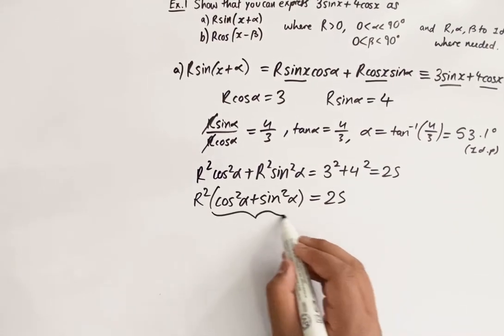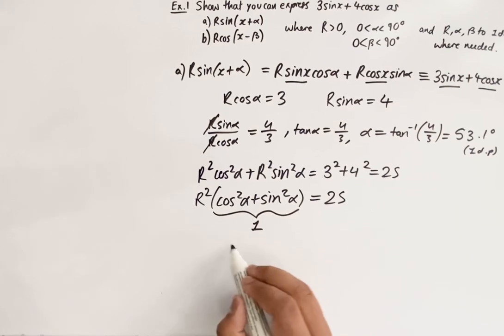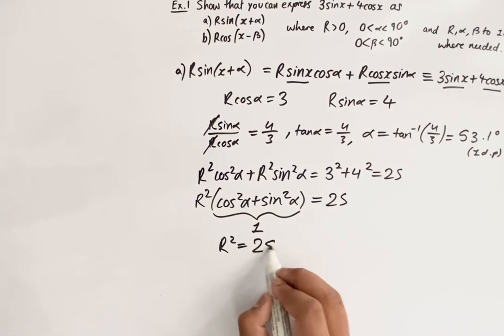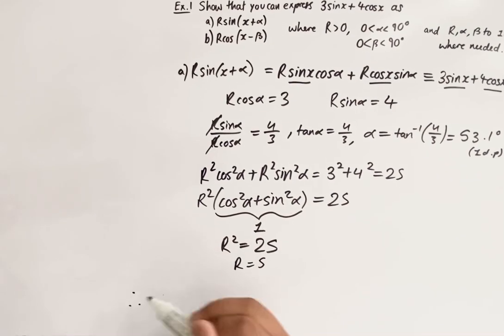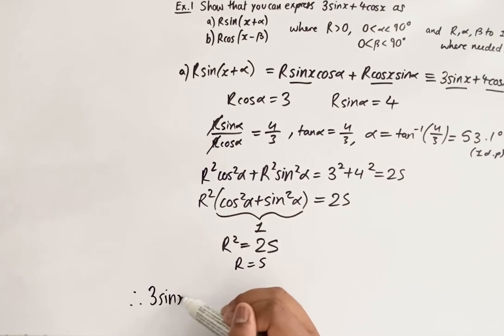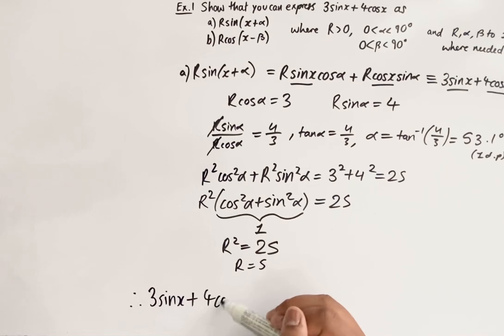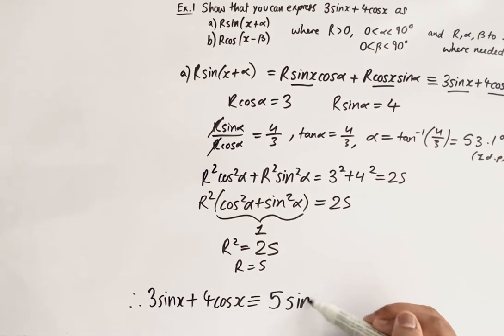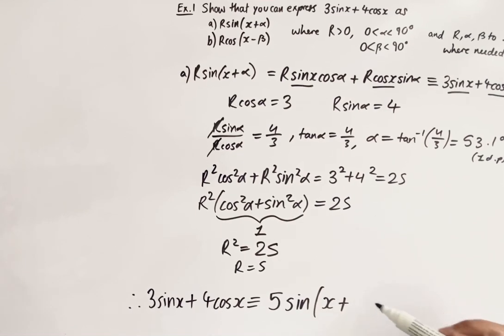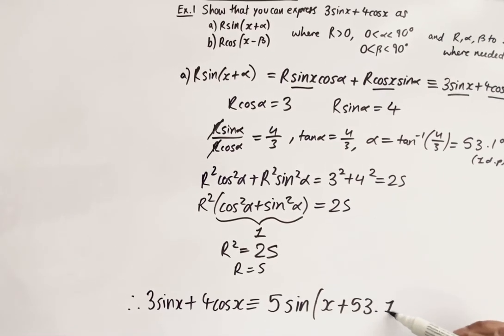We know cos squared alpha plus sine squared alpha is just equal to 1. So r squared is equal to 25, and as r is bigger than 0, r is equal to 5. And so therefore, 3 sin x plus 4 cos x can be rewritten as 5 sine of x plus 53.1 degrees.